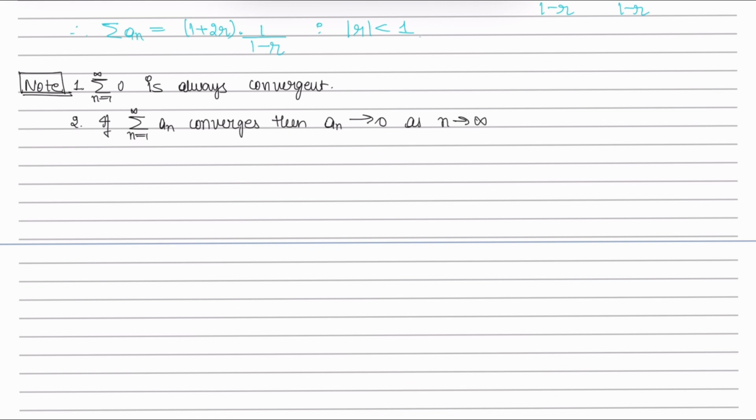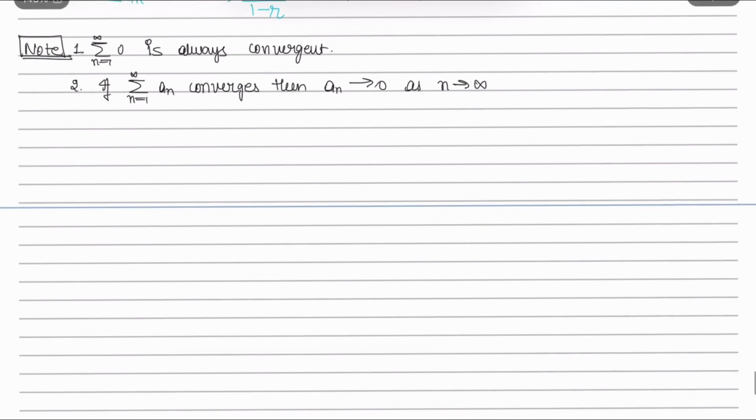This is my necessary condition for a convergent series: if the series is going to converge, then the an term should always go to 0 as n tends to infinity. This is a one-way result, but if we are getting an tends to 0, then we cannot say that the series is convergent always.